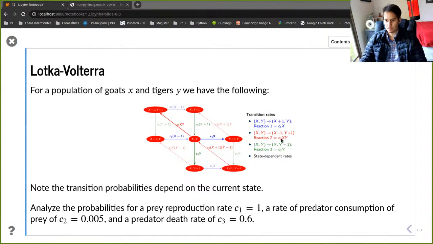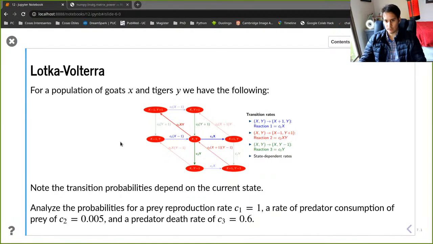This is C2. That's why it depends on the cross terms. And C3 is basically the rate in which the predator dies. So we have these 3 states that happened in the Lotka-Volterra equations. And as you can see, the rates or the probabilities of transitioning from one state to the other depend on the current state. And basically that's a Markov chain.